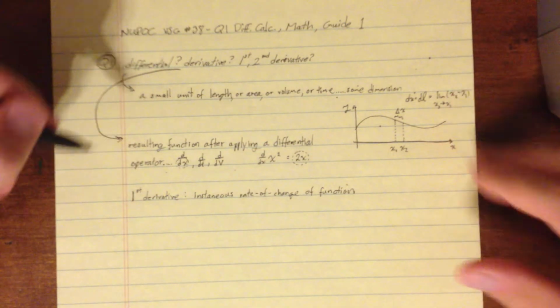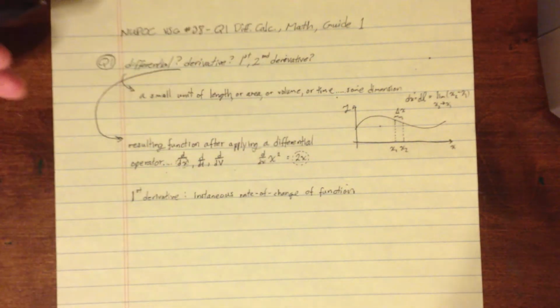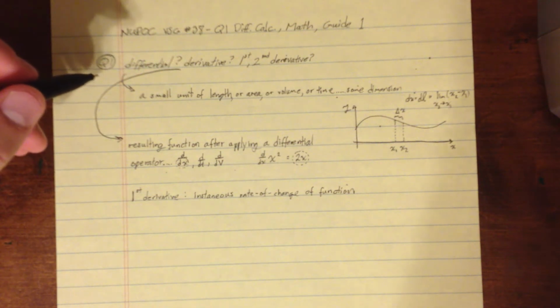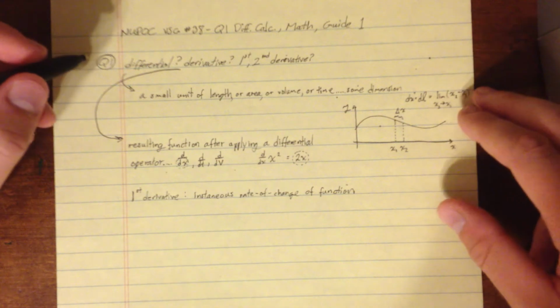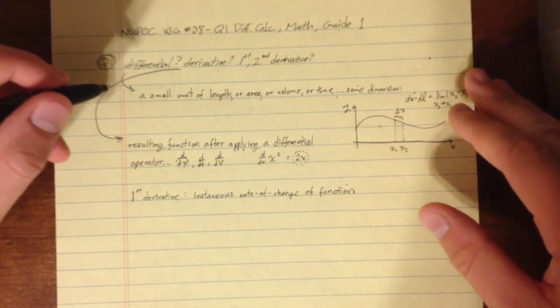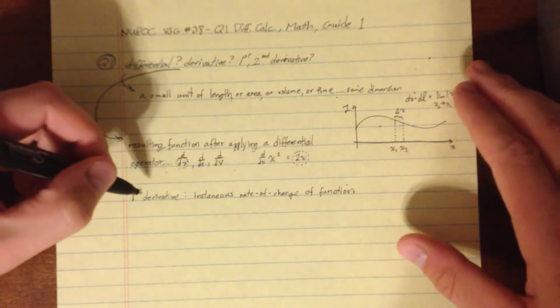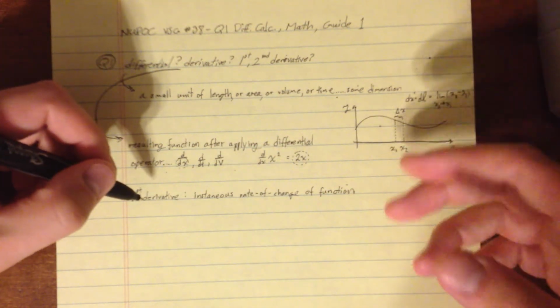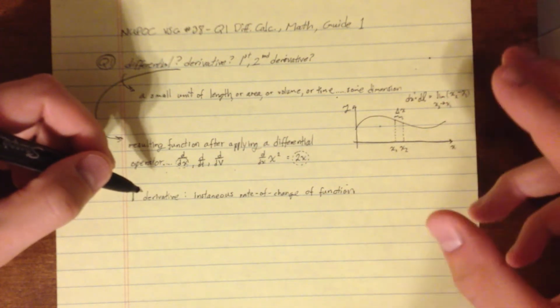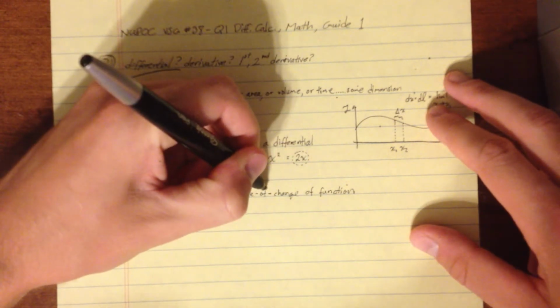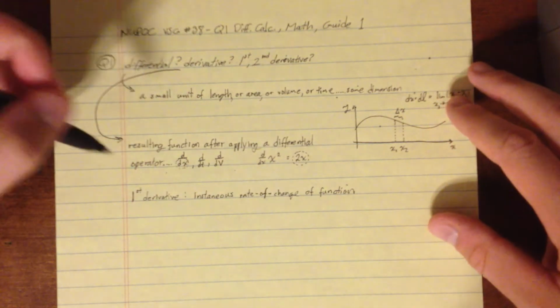And the first derivative as a function just tells us how the slope of that function is changing for various values of the independent variable, so various values of time. As time goes on, how is the slope of the function changing? And then we can evaluate it at a particular time and find the instantaneous rate of change of the function, or the tangent line to the function, is another way to say it.